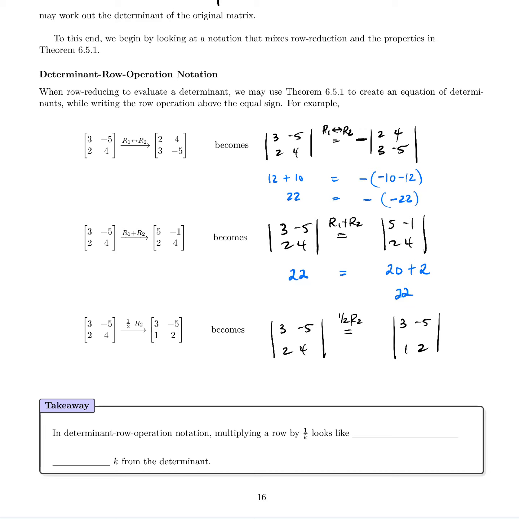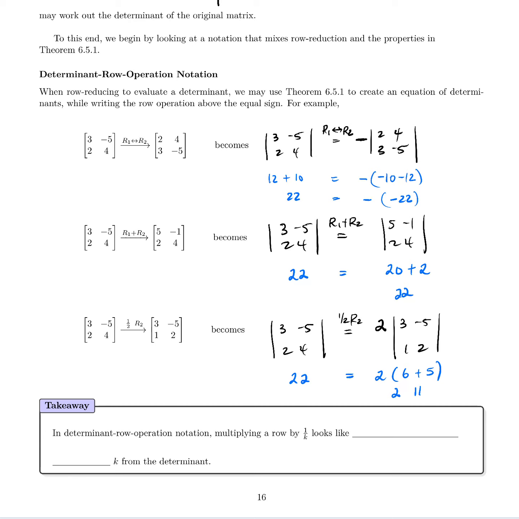If we take the determinant on both sides, well, the left hasn't changed, so we're still getting 22. Here we're getting 6 plus 5, which is 11. And so if we want to fix this to make a true equation, we better multiply this side by 2, right? And so that is the fix that is necessary to make this a true equation of determinants.